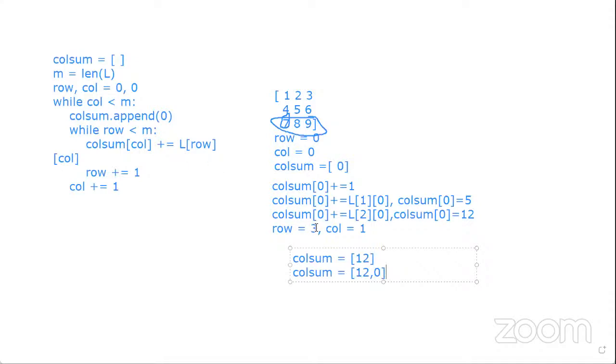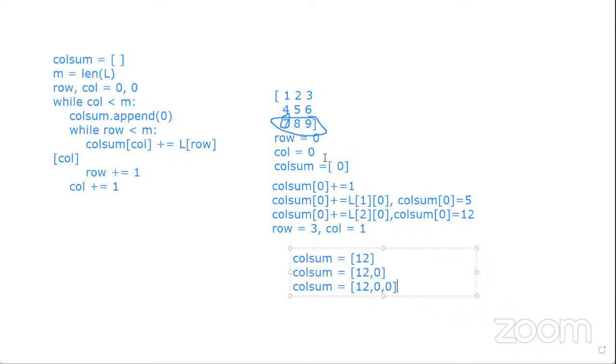Since 3 less than 3 is not true, this entire while loop will not run. It will directly come out of this while loop, and then the call value will be incremented to 2. Again one more 0 will be added, and it will become 12,0,0.